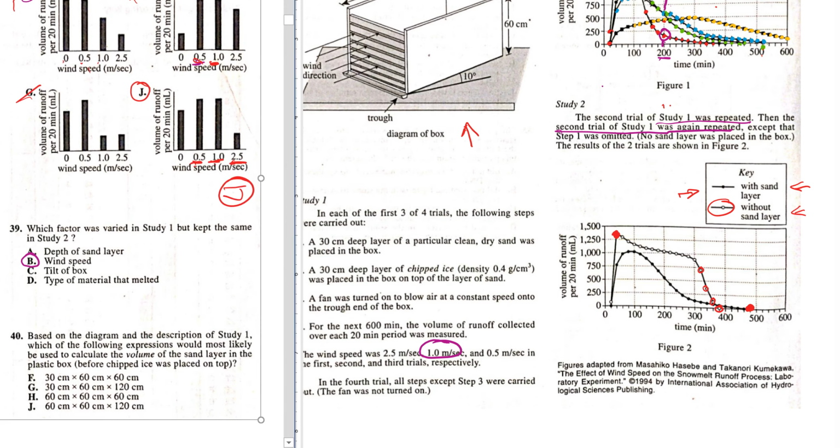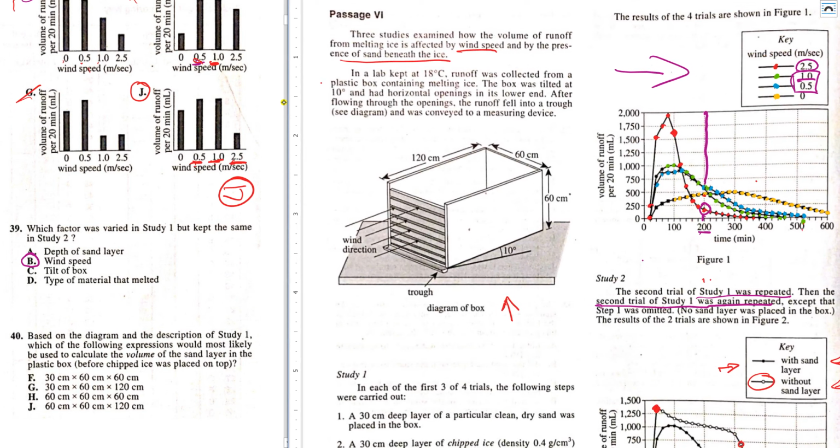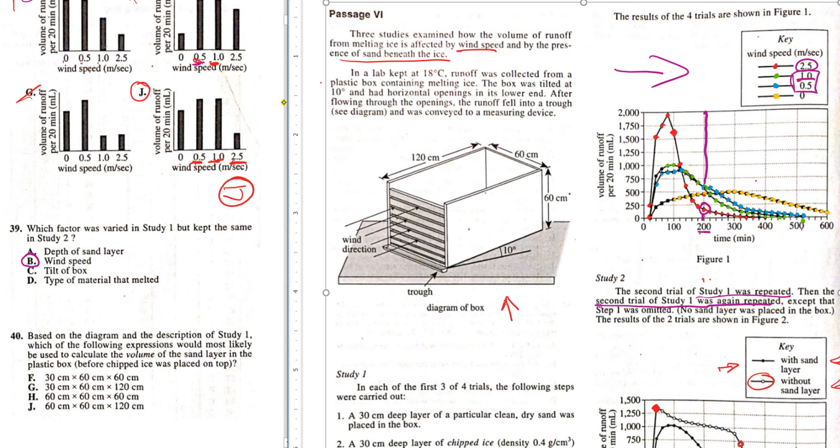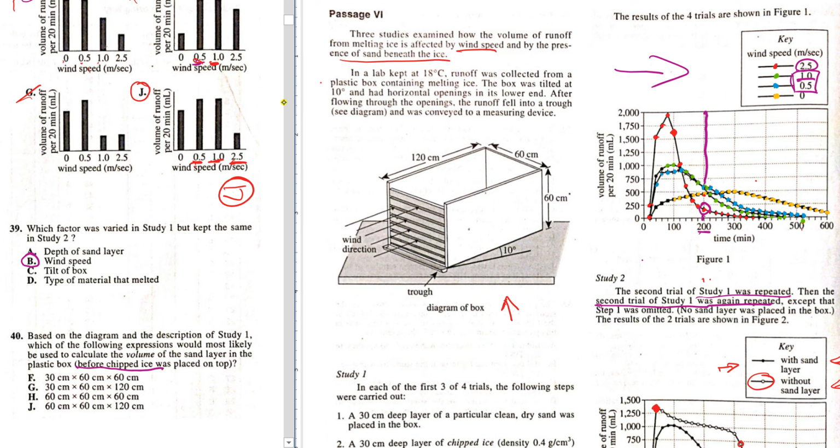Right, based on the diagram and the description of study 1, which of the following expressions would most likely be used to calculate the volume of the sand layer in the plastic box before chipped ice was placed in? All right, so the volume is length times width times height.